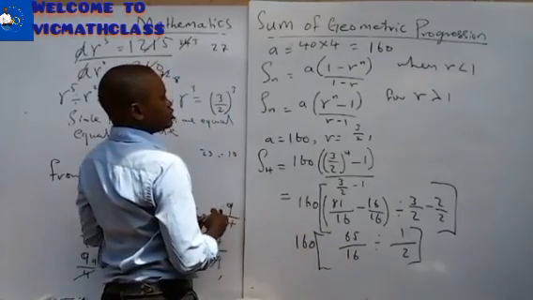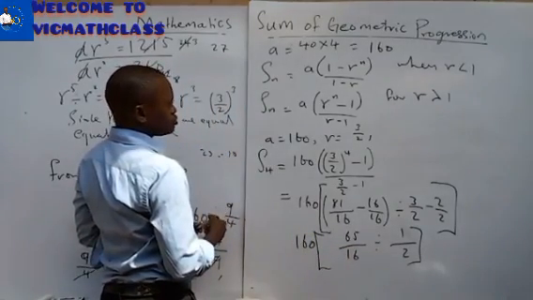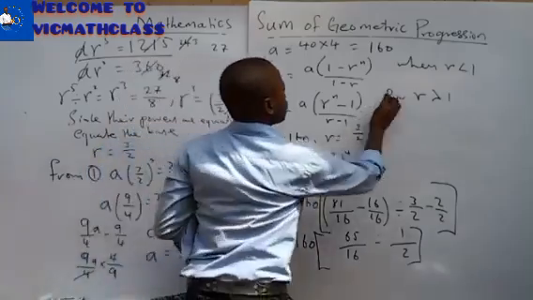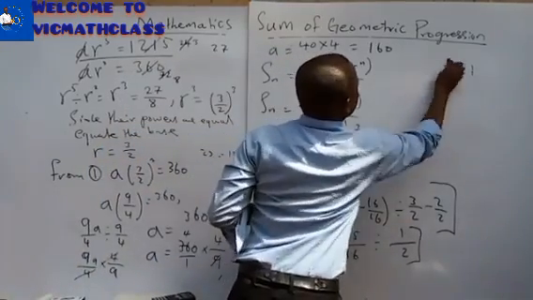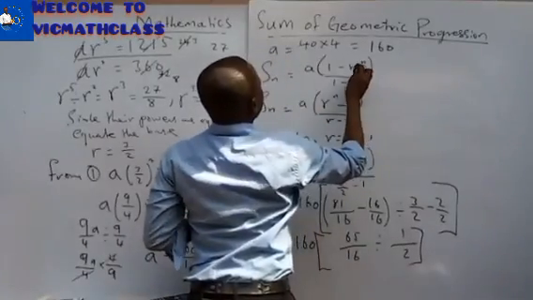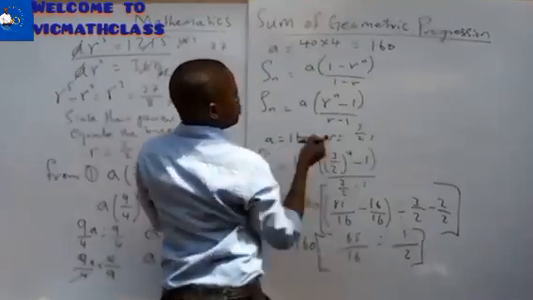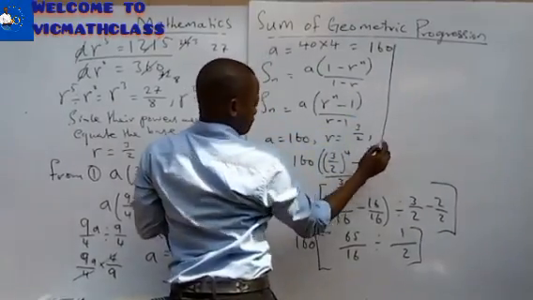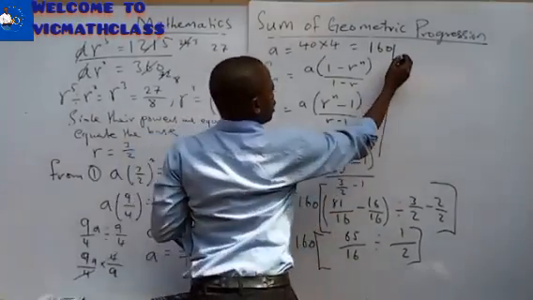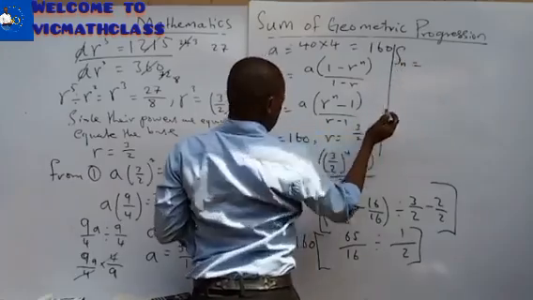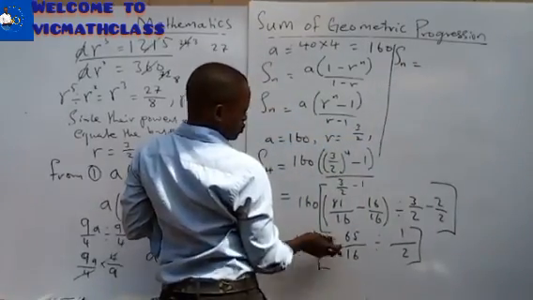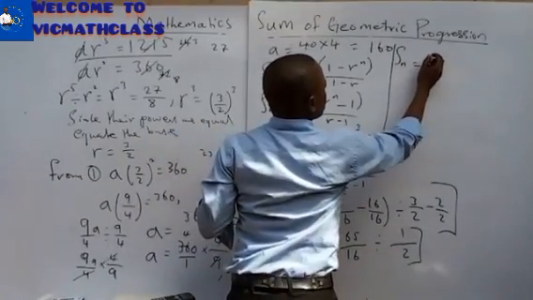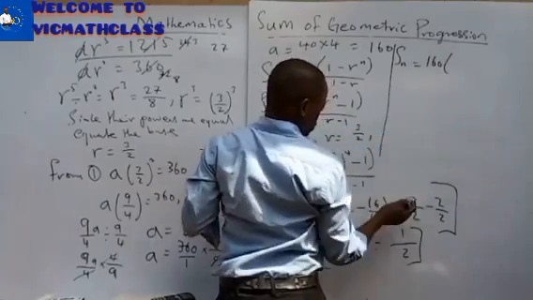So finally, let me tidy it up here, please. Finally, we have Sn equals 160 bracket.